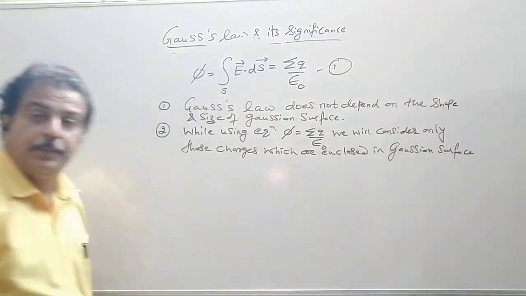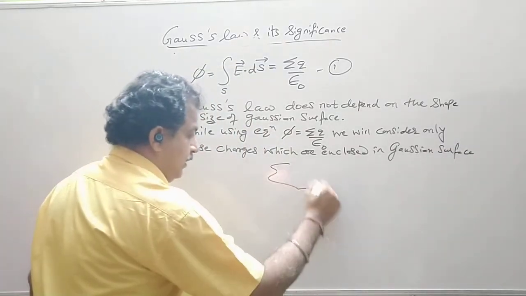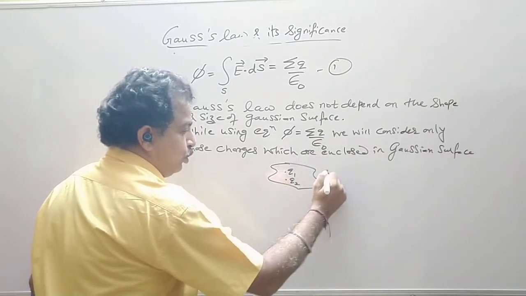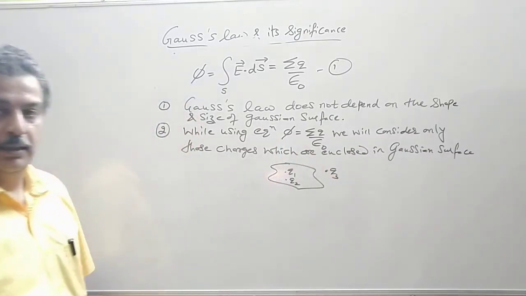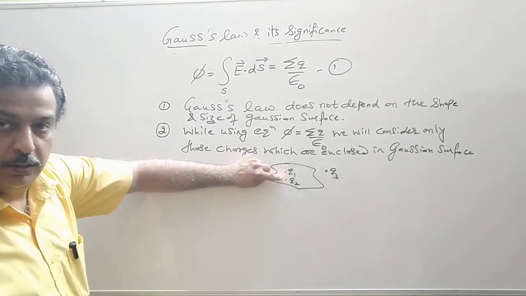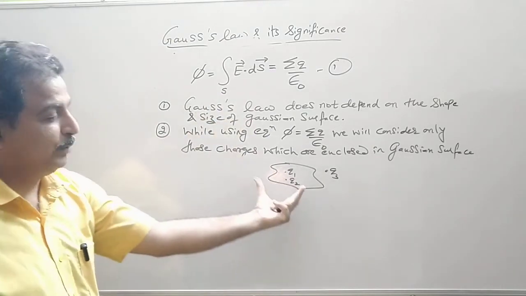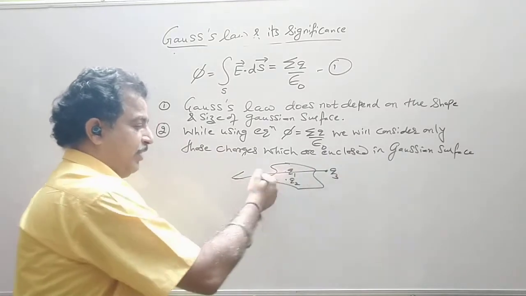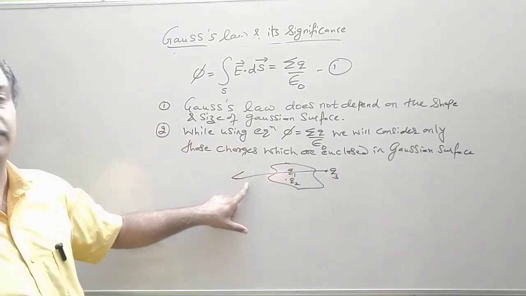So again, the same thing I am saying. Say the charge enclosed is Q1, and Q2, Q3 are outside. So if both are positive, the field lines will emerge from this closed surface. And for the outside charges, whatever field lines enter from one surface, the same amount of field lines emerge from the other surface.